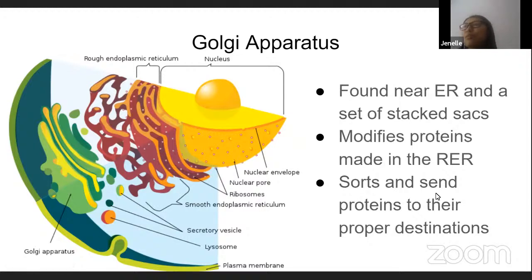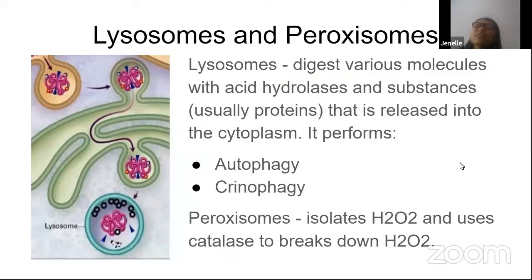And so the main function of the lysosome, you can see this is from the rough ER to the Golgi, and then the lysosome on the left-hand diagram. The main function is that they digest various molecules with specific enzymes called acid hydrolases. And acid hydrolases are specifically found just within the lysosomes.